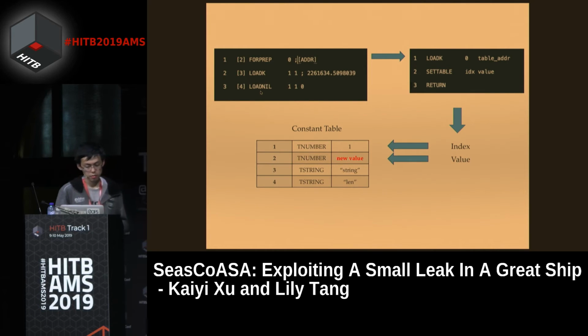The index and the value should be assigned in the const table. We know that in Lua the index starts from 1, not 0. So here the first entry of the const table should be 1, and the second should be the value we control and want to write. So set table will help us write an arbitrary value to an arbitrary address in this way.